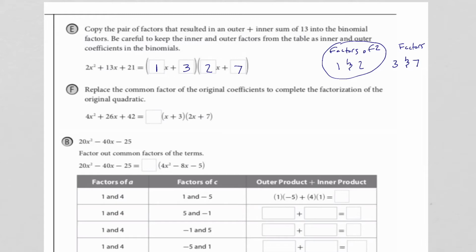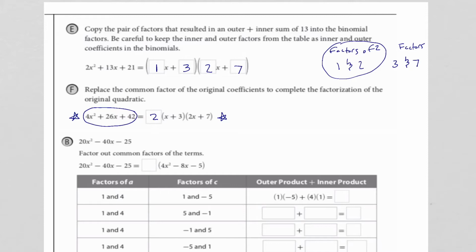So essentially x plus 3 and 2x plus 7. And remember, we factored out the 2 to get us there. Now your factorization of this thing is complete. 2 times x plus 3 times 2x plus 7 equals 4x squared plus 26x plus 42.